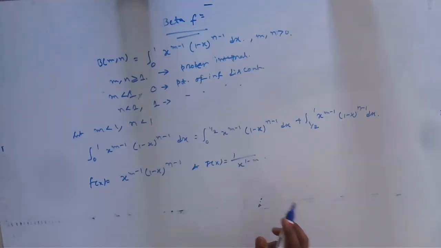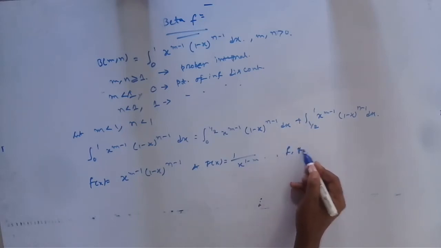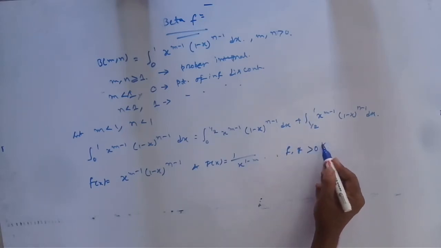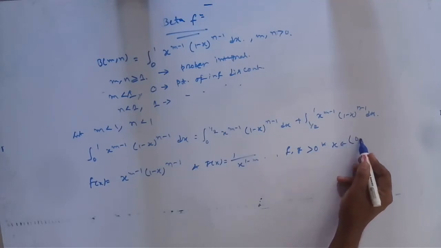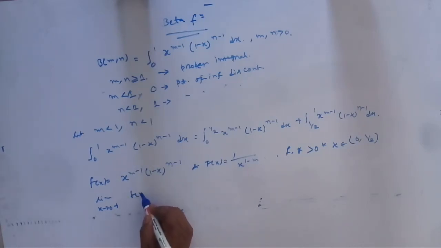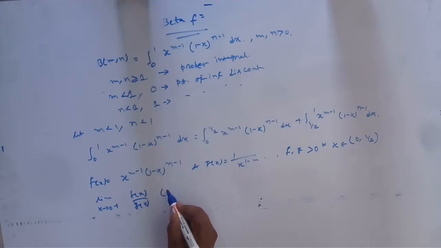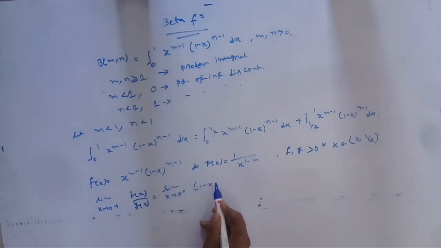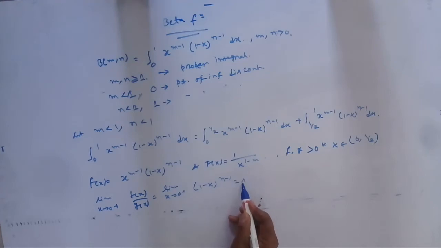We observe that f and g are greater than 0 for all x belonging to the open interval 0, half, and the right hand limit as x tends to 0 plus of f(x) by g(x) equals limit x tends to 0 plus (1 minus x) whole to the power n minus 1, which equals 1.